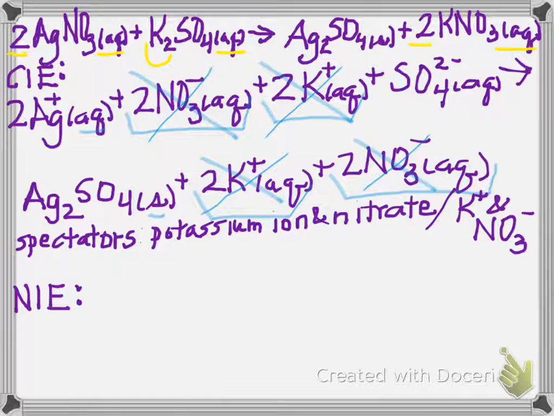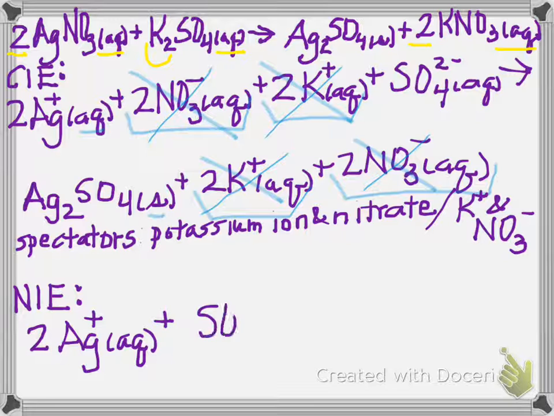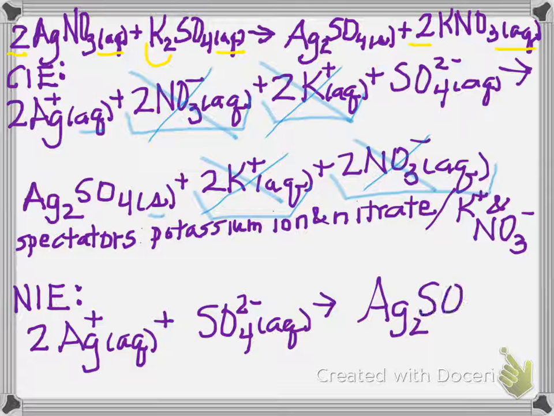So my net ionic equation for this one is 2Ag plus aqueous, plus SO4 2 minus aqueous, produces Ag2SO4 solid.